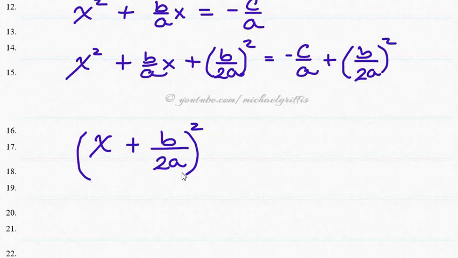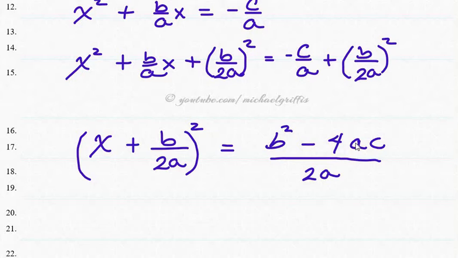Now, if you multiplied this out, this is what you would get. It is equal to, and now what you want to do over here is multiply all this out and get a single numerator and denominator. When you do that, you should end up with b squared minus 4ac over 4a squared.